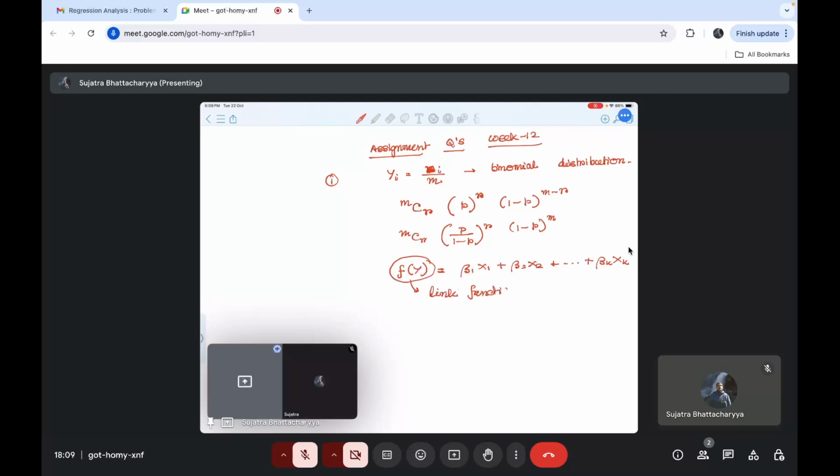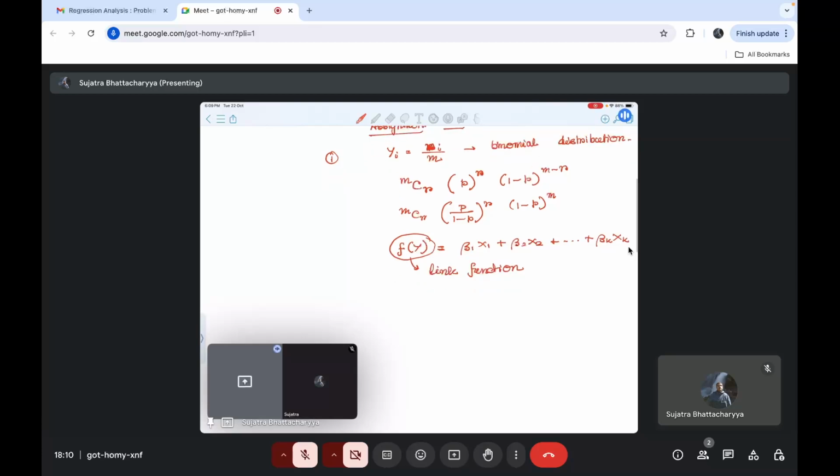And we know the link function corresponding to the binomial distribution is the natural parameter theta, that is b of theta. If these y's are coming from a binomial distribution, then b of theta, where p is the probability of success, is log of p upon 1 minus p. This we found when we fitted this into the exponential family of distributions.